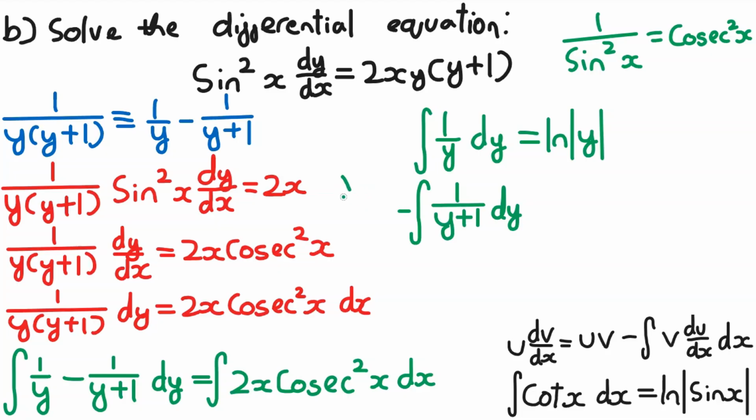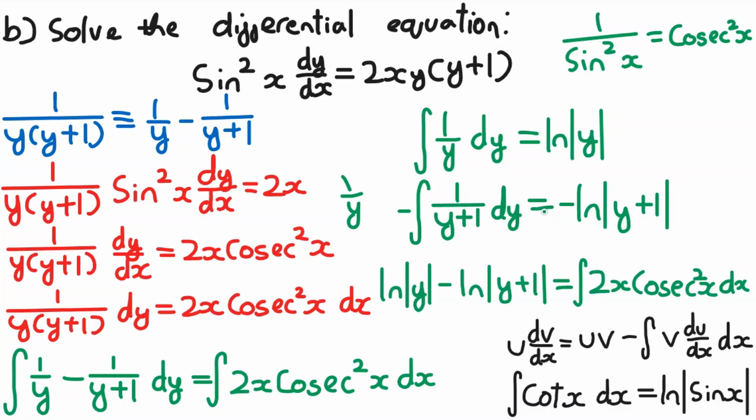So this is again of the form 1 over y, but the y is replaced with y plus 1, so it's going to be the natural log of the modulus of y plus 1. But remember, we also divide by the coefficient of y, but in this case it's 1, so it doesn't make a difference. And then remember, we have this minus here, so it's going to be minus the natural log of this. So therefore, if we add these terms together on this side, it's going to be the natural log of the modulus of y minus the natural log of the modulus of y plus 1.